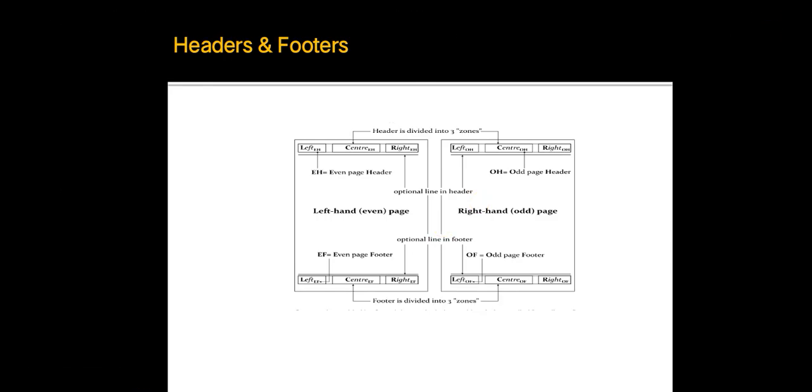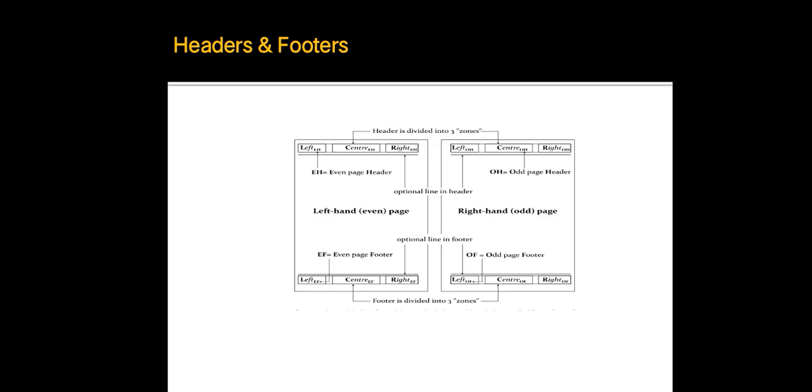Next we move on to the left side, left OH means odd page header, center odd page header, right odd page header. This is the header divided into three zones like that in even page and odd page also. Next we move on to the optional line editor. The optional line in even page is on the right side, in odd page it is on the left side.